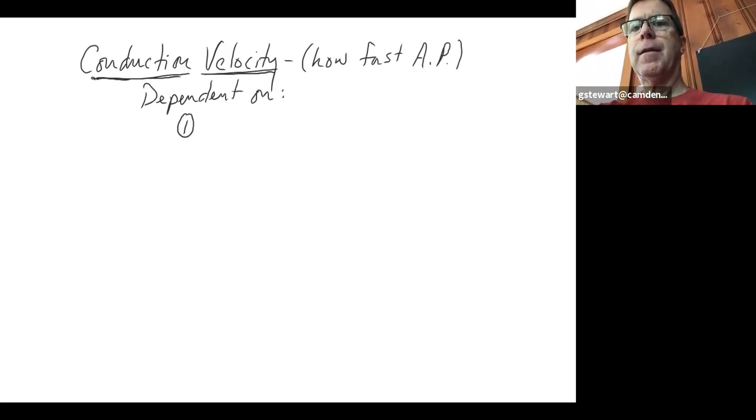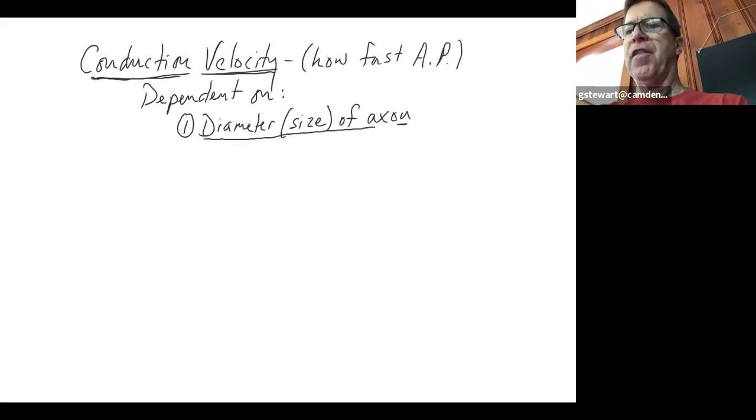First, the size or diameter of the axon. Not necessarily how long it is, but how thick it is. The thicker in diameter the axon is, the faster it will fire an action potential. And obviously the opposite is true. The thinner in diameter it is, the slower it is.